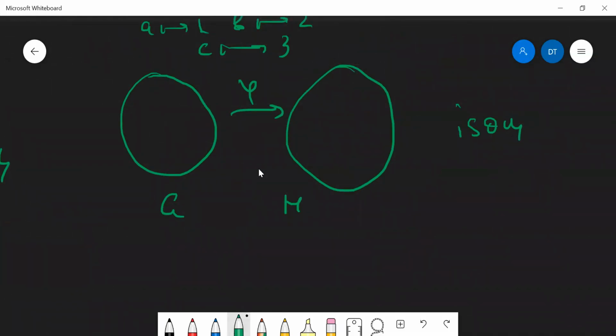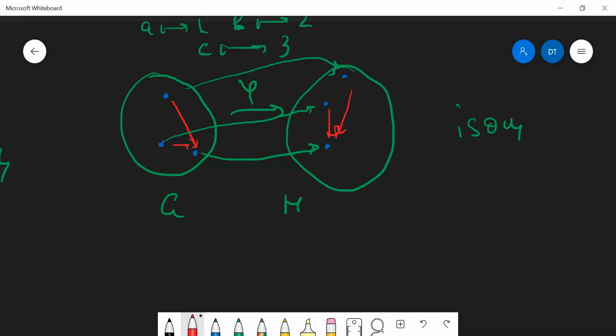Well, it means that if you take an element here and an element here, and you compute their product, you get an element here, and then take it here. Or you may do it in a different way: take the image of each element and then multiply them here. And the result will be the same.